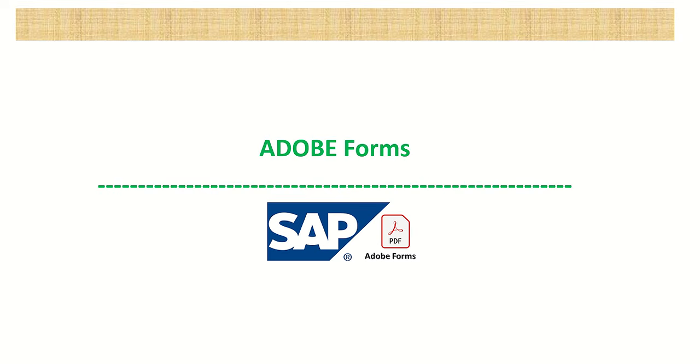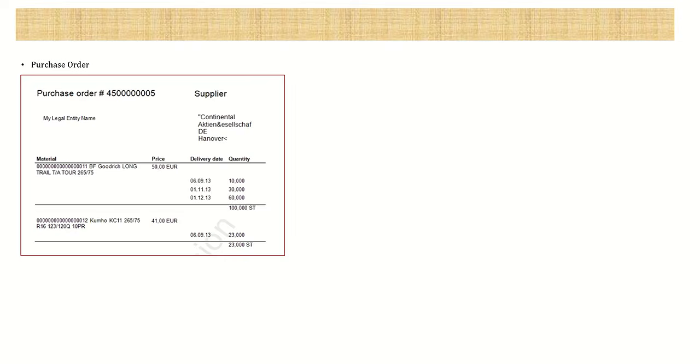Before creating the Adobe Form, let's first understand what exactly an Adobe Form is and why you use it in SAP. In any company, they are required to print different kinds of documents to send to vendors, customers, internal employees, etc. A document like, let's say, a purchase order.